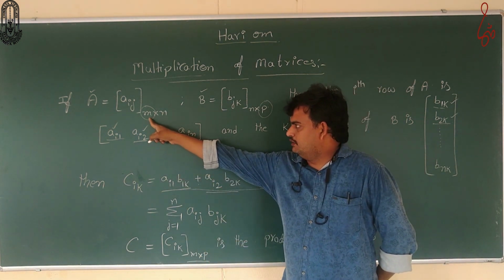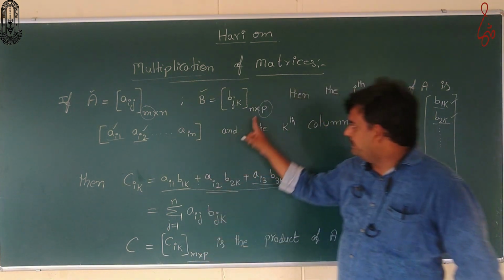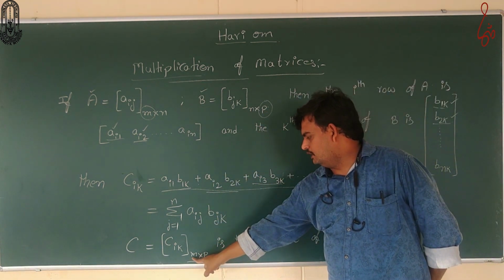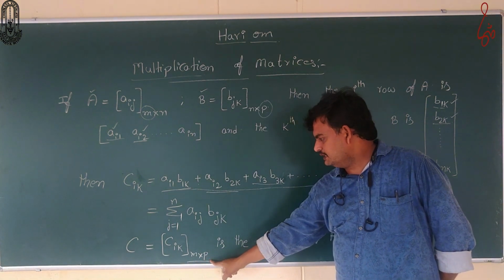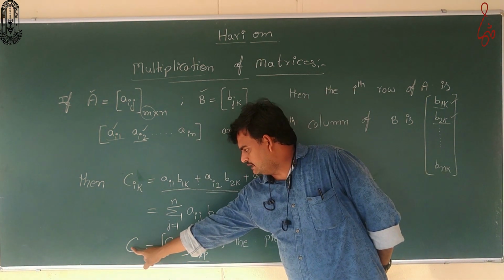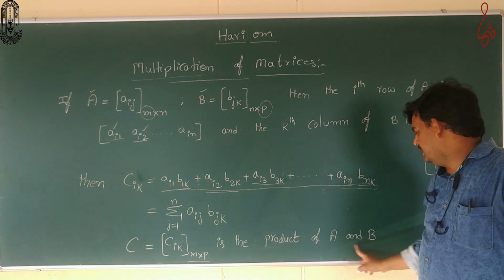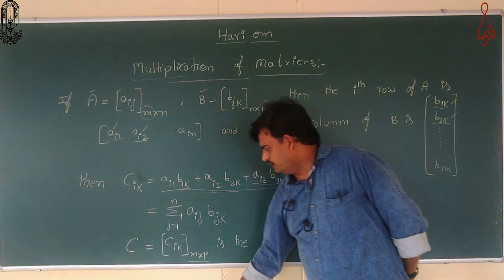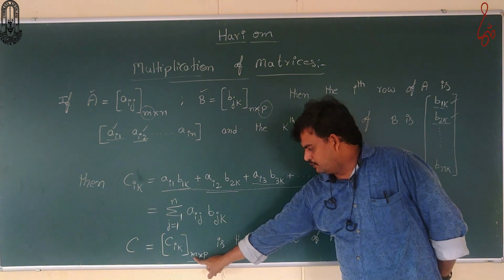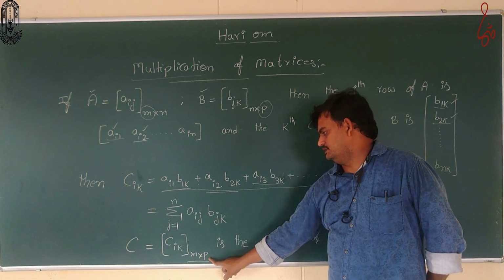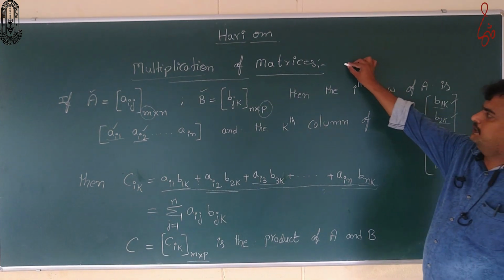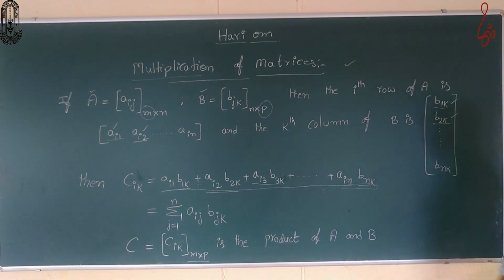M is the number of rows in A, p the number of columns in B, which gives us the order of the resultant matrix, which means that the product of A and B gives us matrix C. The order of the matrix C is m rows and p columns.